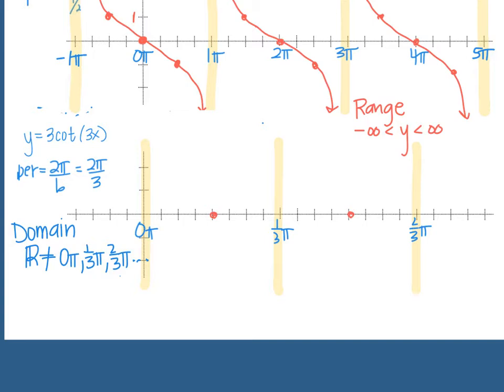All right, the last part of cotangent is the way it's drawn. It's going to look like tangent. Regular cotangent, excuse me, yeah, let's make it 3. So I'm going to count 2, 4. So I just changed my scale. This is what cotangent looks like.